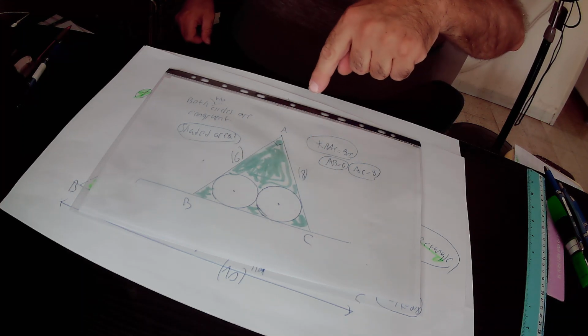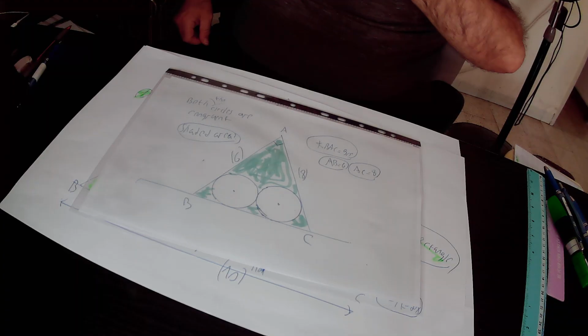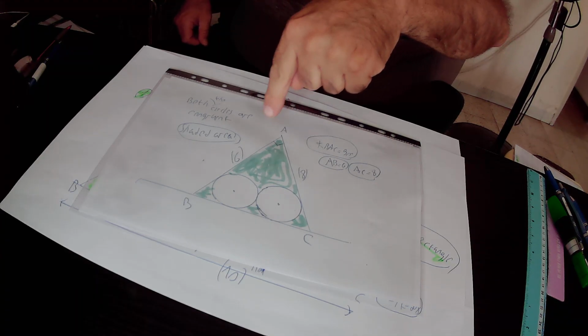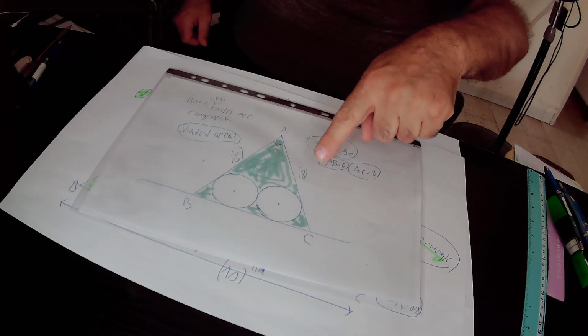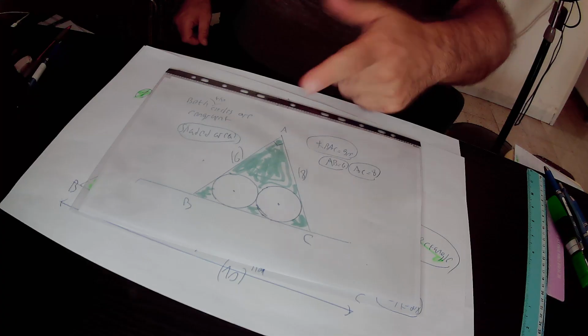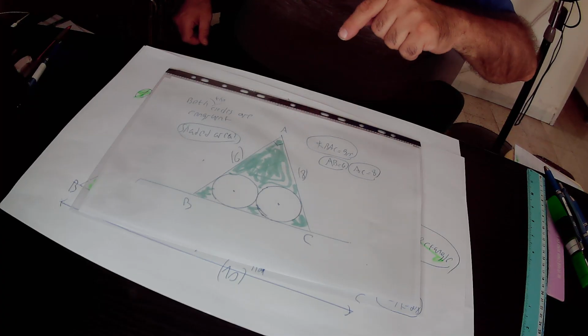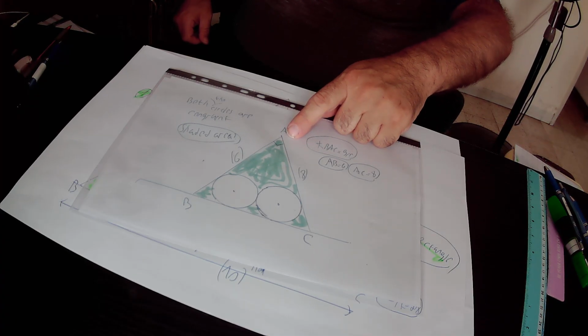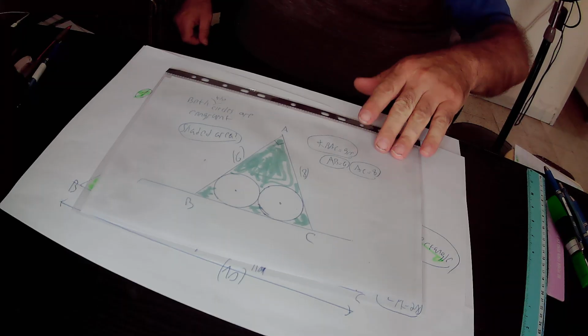Inside this triangle ABC, we have those two identical circles. AB equals 6, AC equals 8. Again, our task is to find out the area of this shaded area. This is angle A, this is a right angle.